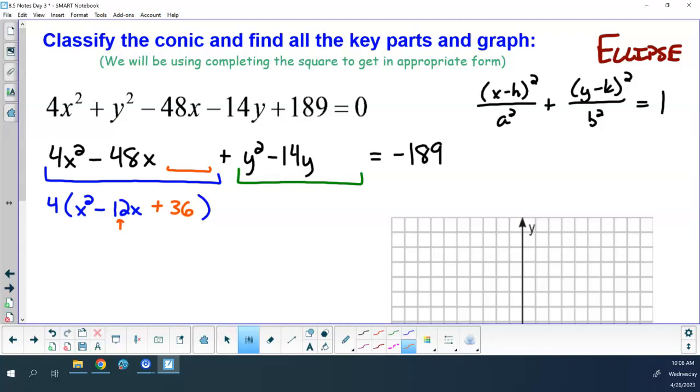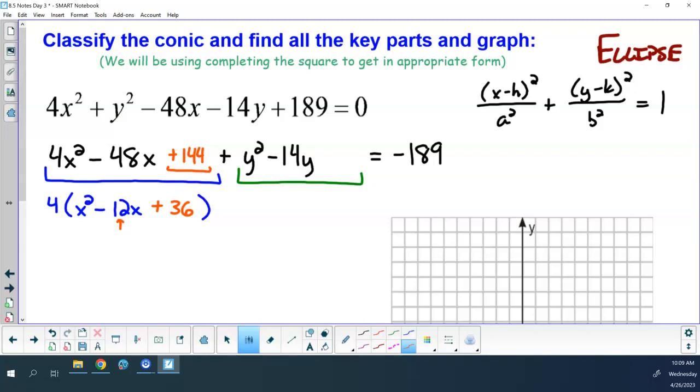You had 144. Why is that gap filled with 144? Because that's before we take the 4 out. That 36 is inside this parenthesis, that parenthesis being controlled by 4. So 36 times 4 is 144.